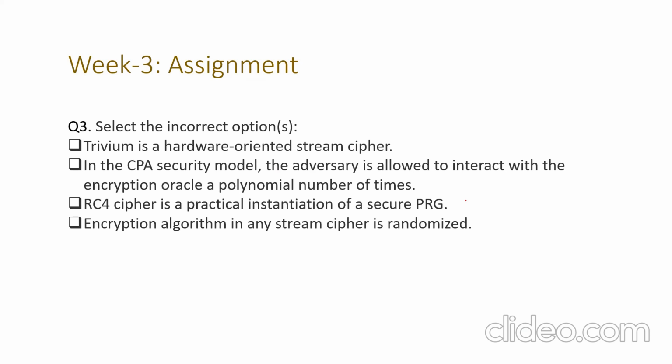RC4 cipher is a practical instantiation of secure PRG, and encryption algorithm in any stream cipher is randomized. Which of them are correct? You can answer in the chat. Among these four, which are the correct ones?